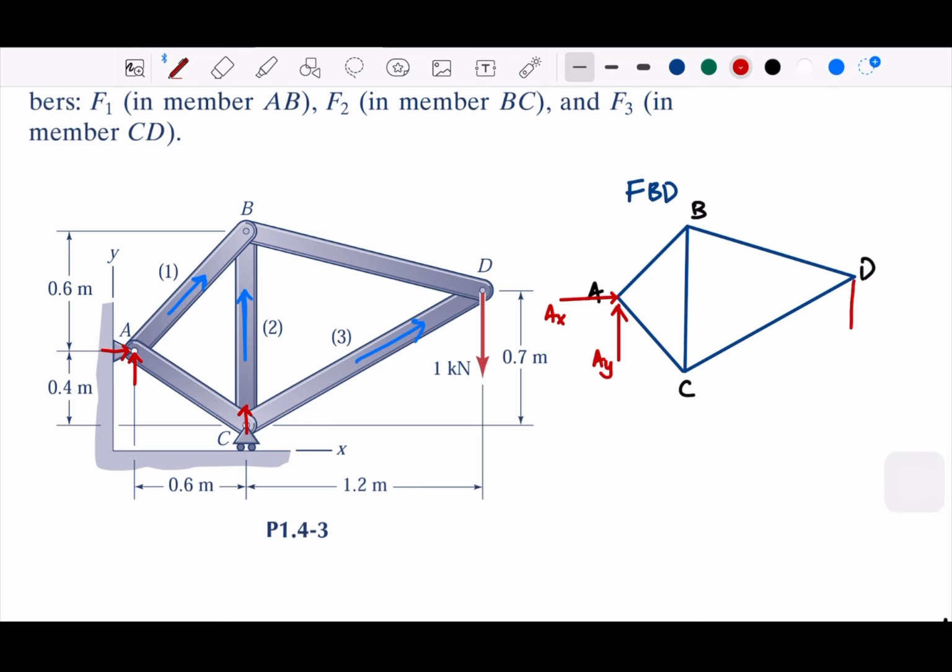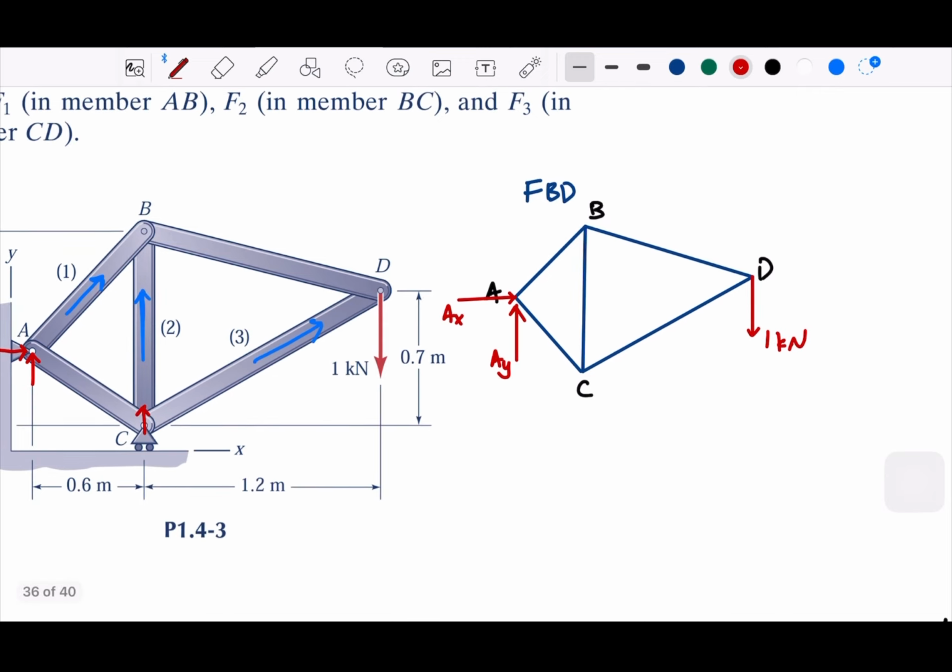This is the external force applied, that 1 kilonewton. And then C, this is CY.